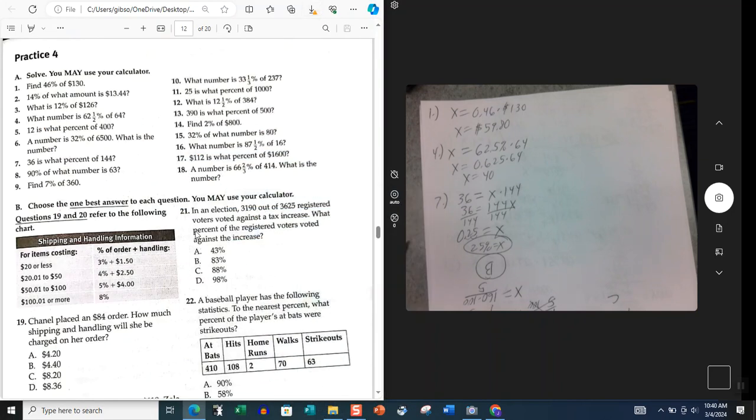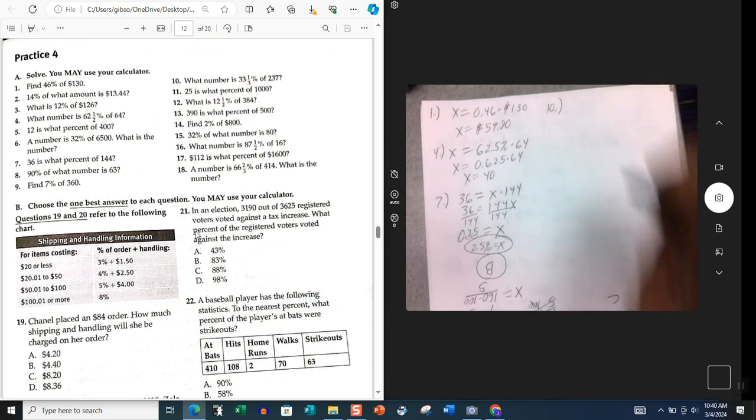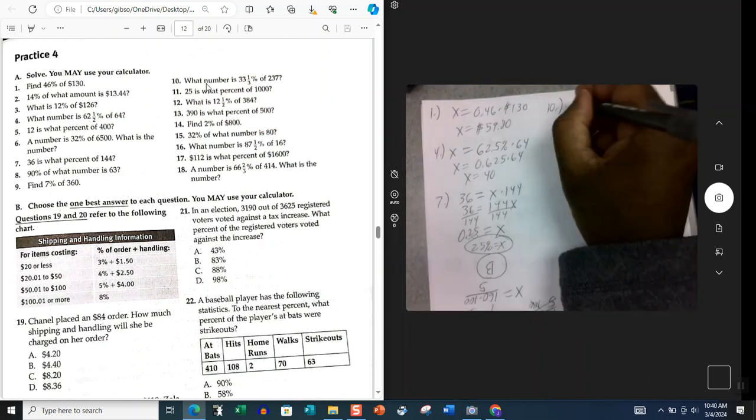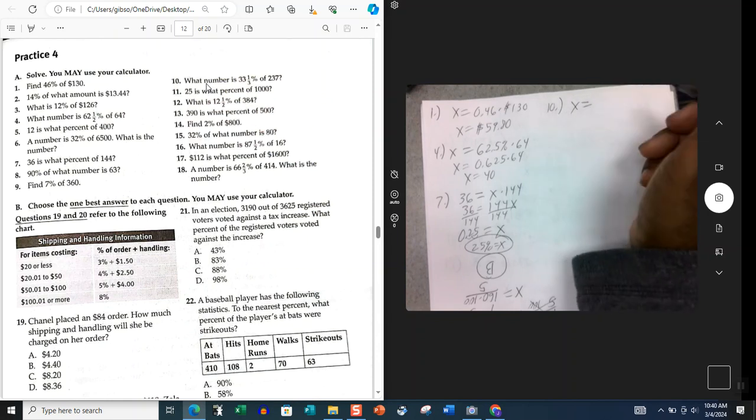All right. Let's look at number 10. So number 10, it says what number is 33 1/3% of 237? Okay, now this problem here is a little unique, but let's still do it the way we do it. So we have what number is x? Is equal.